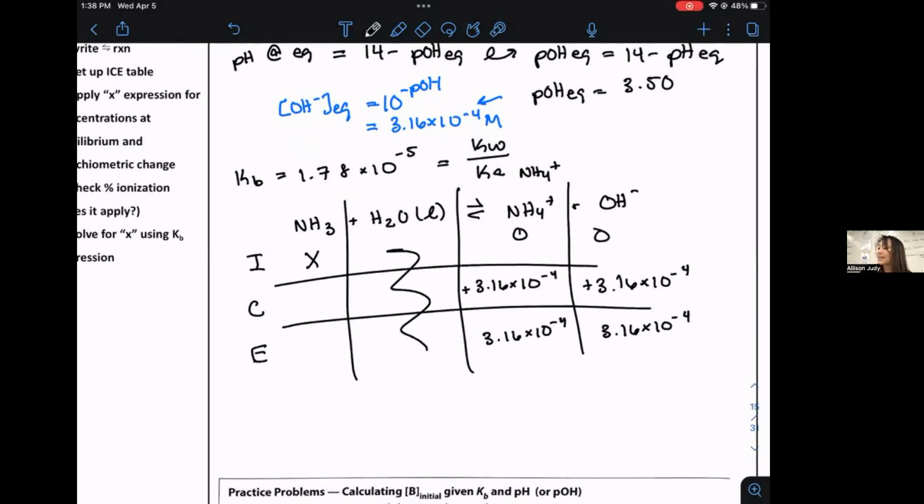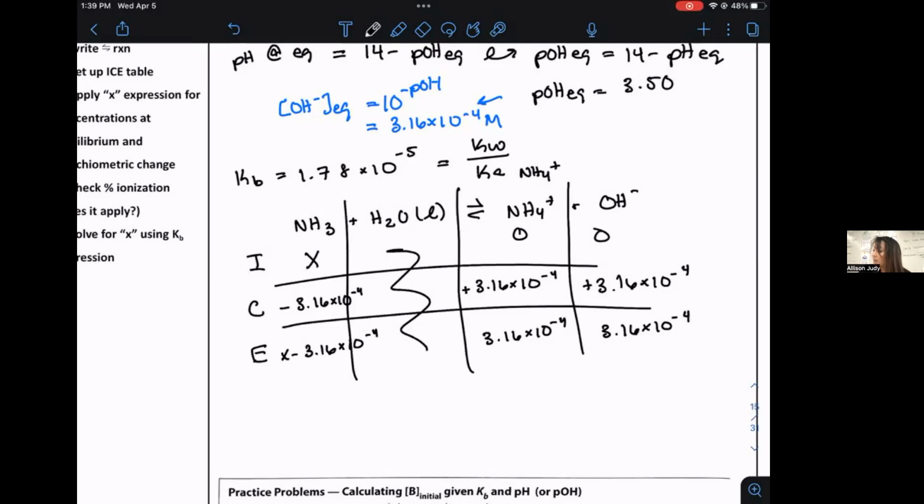And my weak base ammonia is going to be minus the stoichiometric 1 to 1 of 3.16 times 10 to the negative fourth. And so I get x minus 3.16 times 10 to the negative fourth.